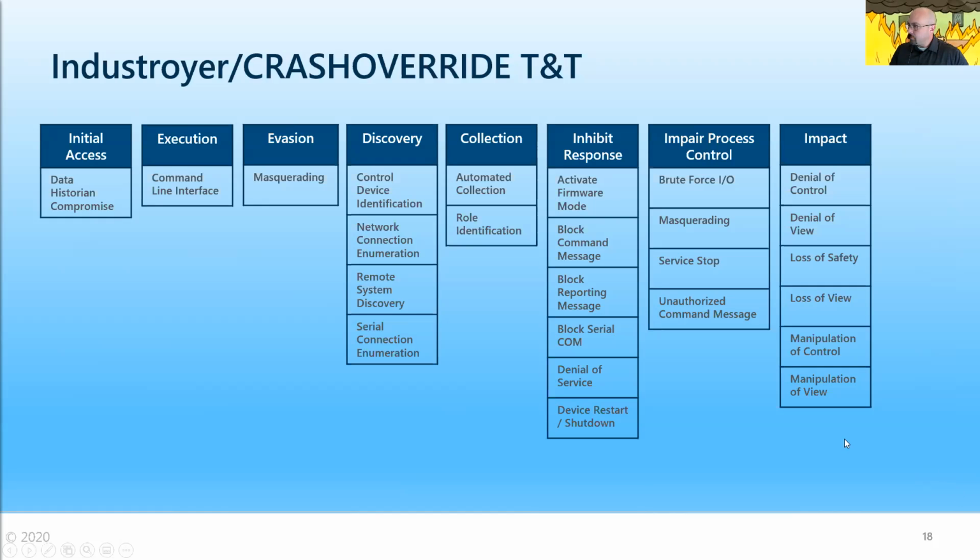Inhibit response. The malware, acting as a primary node, can intercept and alter commands. That can lead to things like impairing process control. So if operators are trying to do certain commands, they're not going to occur. Or the actual commands and status reported by the devices don't get back to the operators.